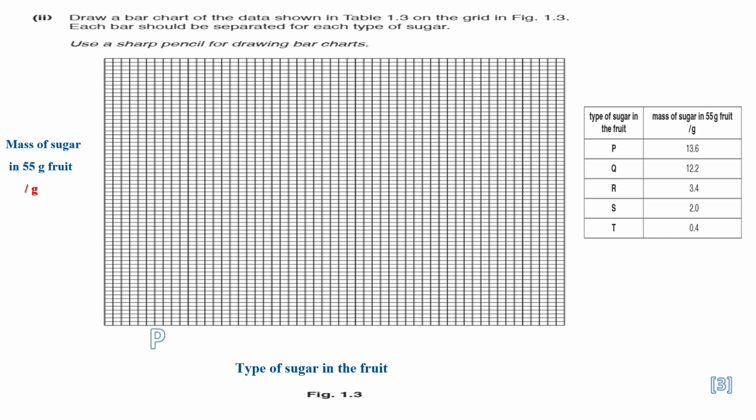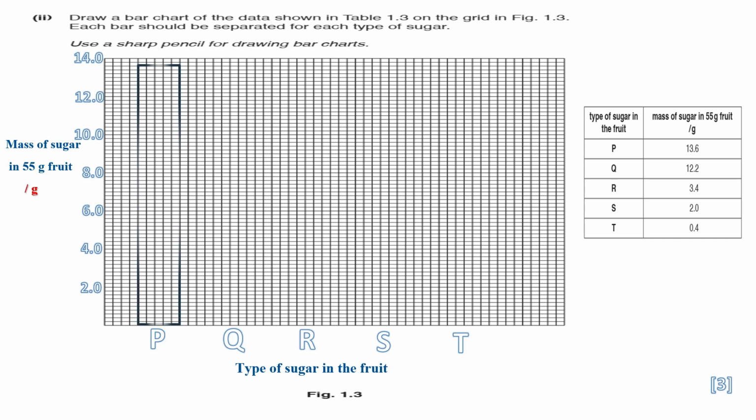So now I divide the x-axis into P, Q, R, S, and T. Now the y-axis, the highest figure here is 13.6. So I divide the y-axis into 2, 4, 6, 8, 10, 12, and 14 to cover the maximum figure, 13.6. Now, how to plot a bar chart?